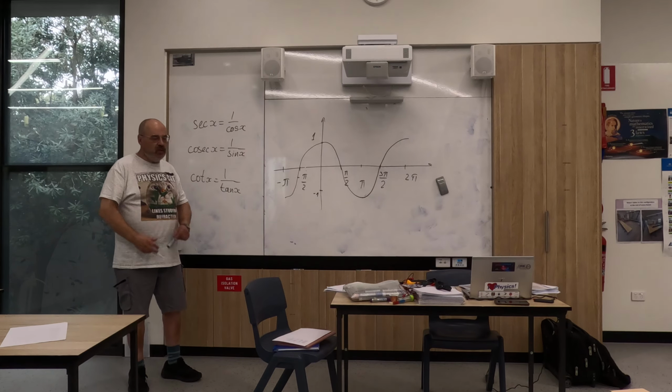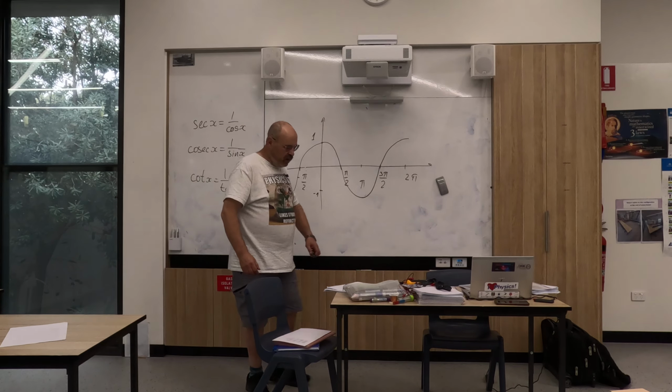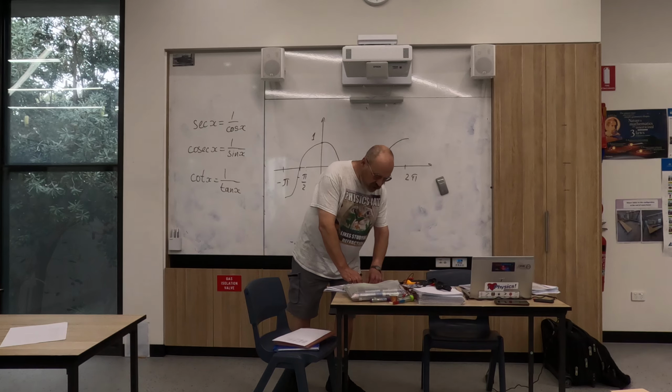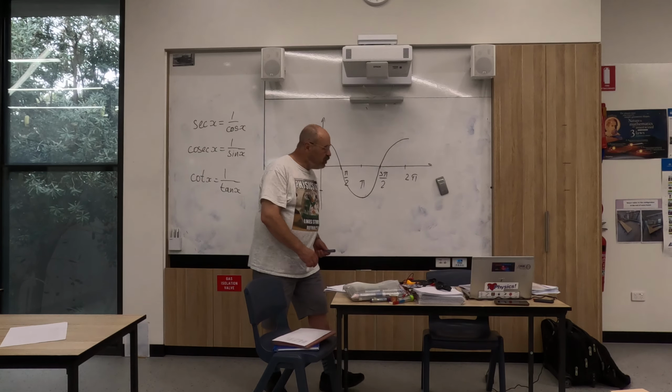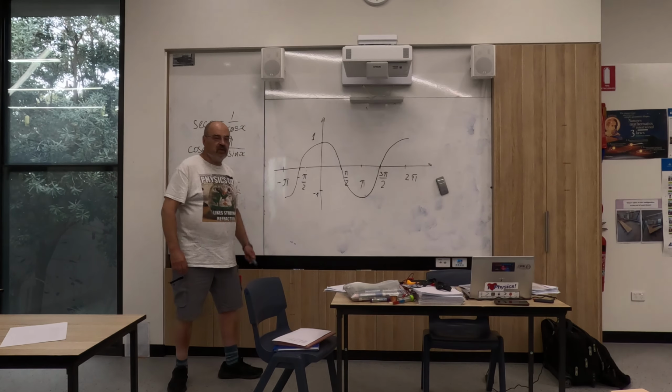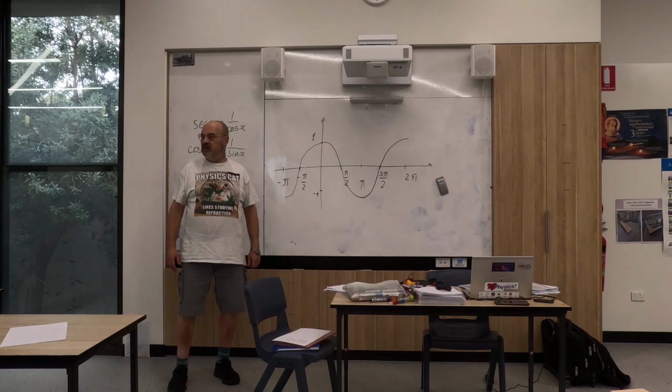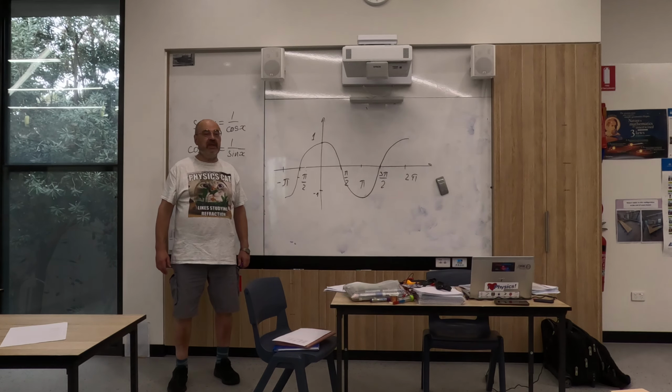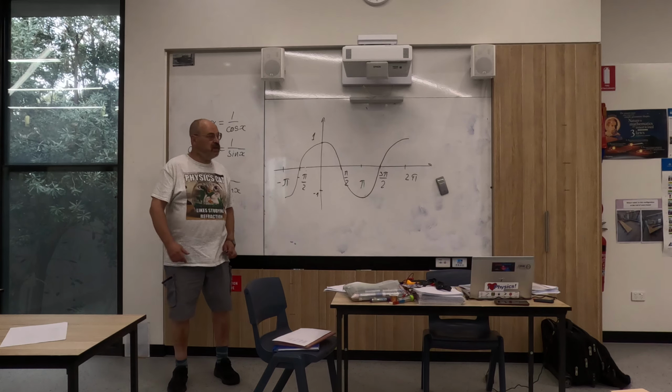Now when we do 1 over, when the original function equals 0, what will we have for the reciprocal function? We'll have a vertical asymptote, because we cannot divide by 0.